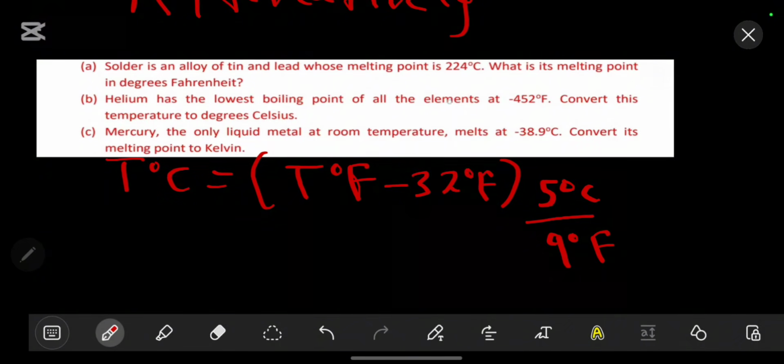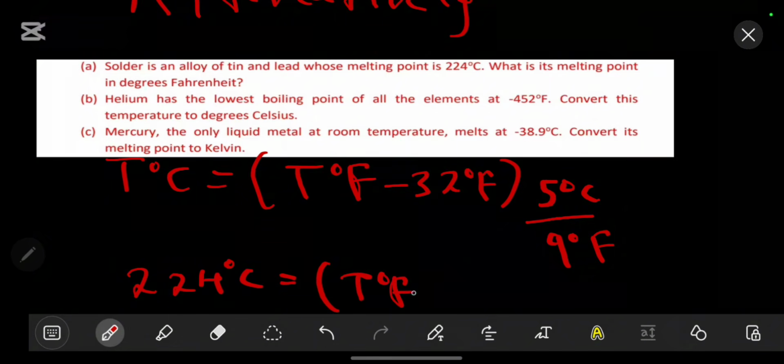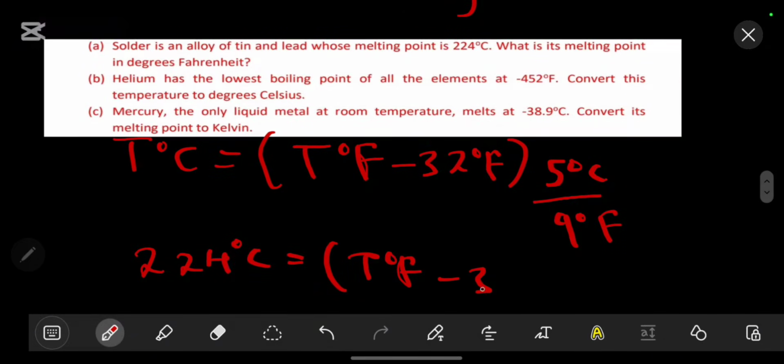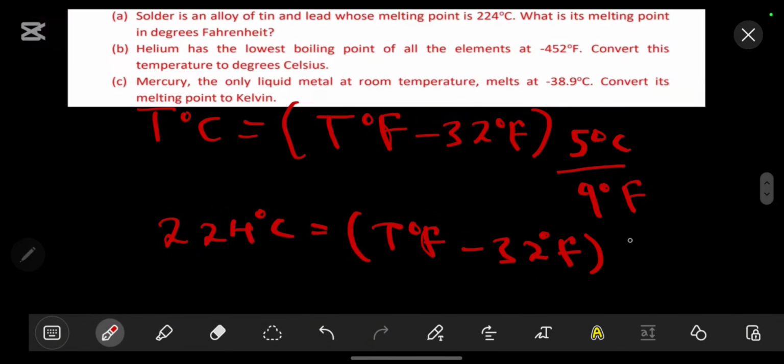So we are going to have the temperature in degrees Celsius equal to, we put 224 degrees Celsius should be equal to the temperature in degrees Fahrenheit, which we don't know, so temperature in degrees Fahrenheit minus our 32 degrees Fahrenheit, times 5 degrees Celsius over 9 degrees Fahrenheit.